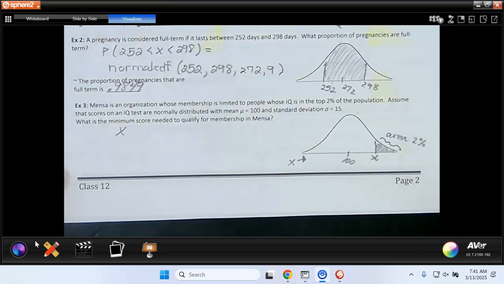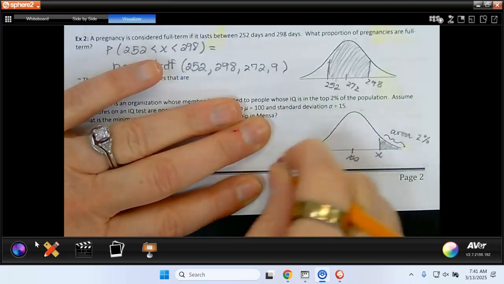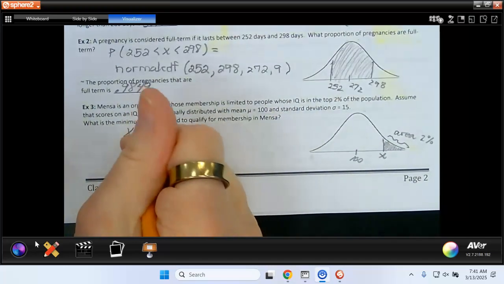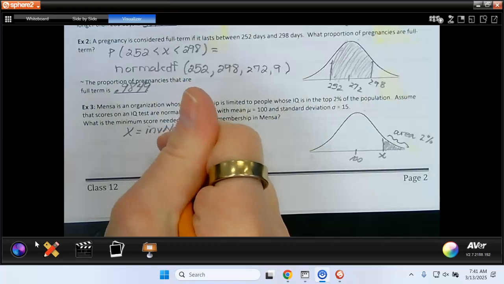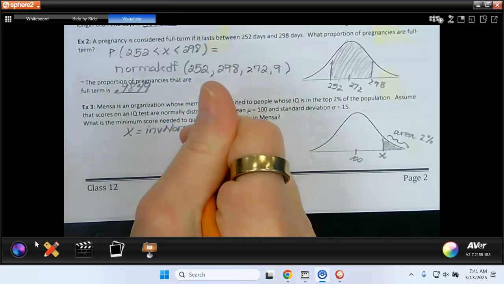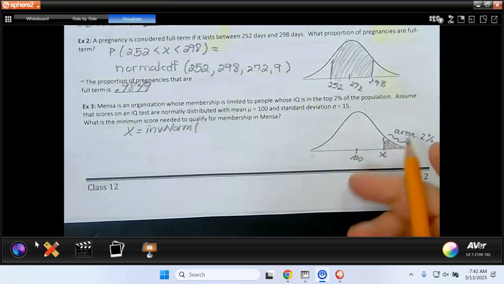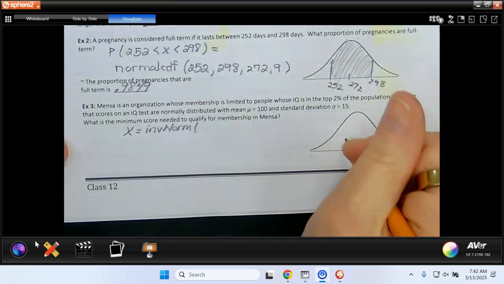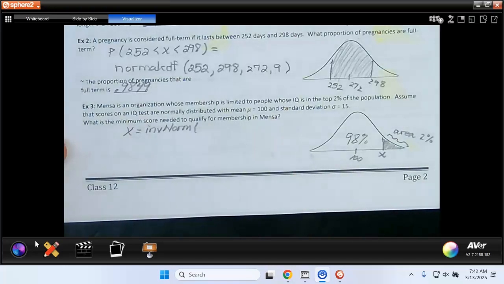When you have the area and you're looking for the x value, that's inverse norm. It depends on what kind of calculator you have how you'd set this up. If you have an older calculator, you'd have to use the fact that you're going from the far left, so that's going to be 98%.